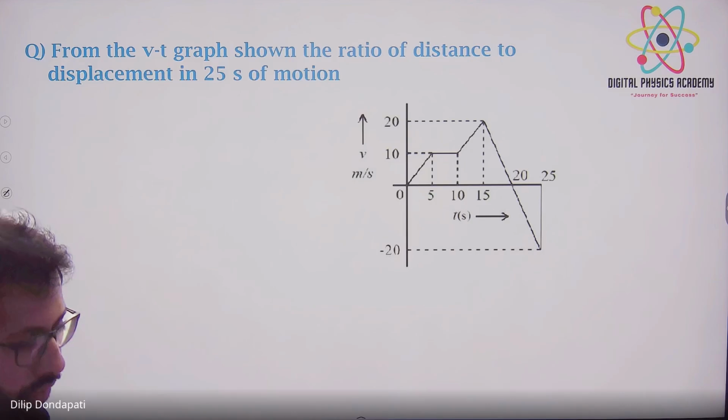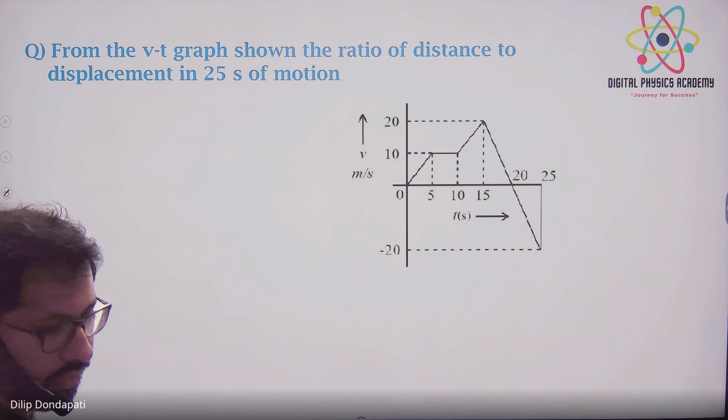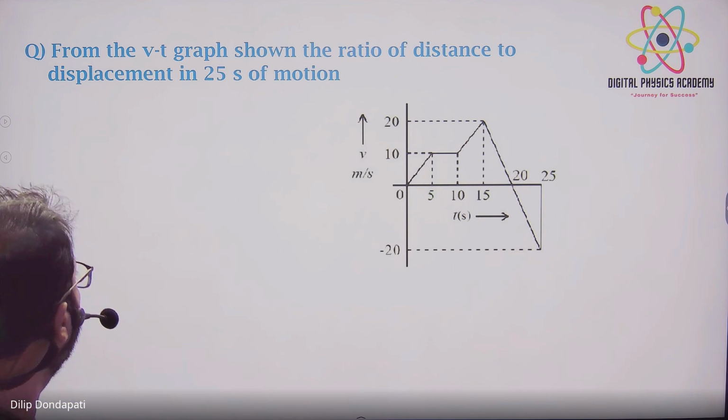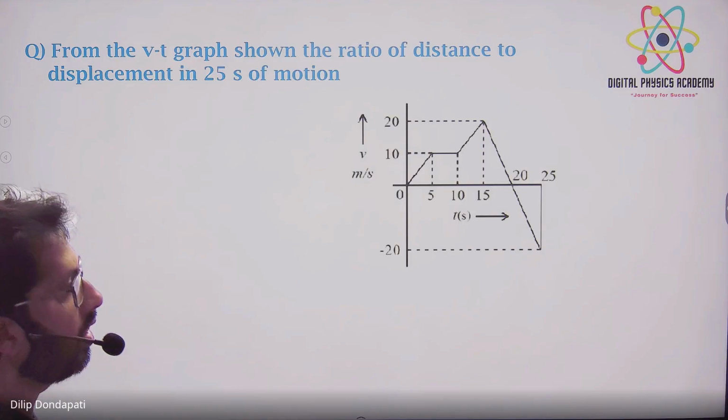So, sir, will you get an improper fraction? Oh yeah, because the distance to displacement. Final answer how much? Karo. You're asking ratio of distance to displacement. So it will be more than one, right? More than one, less than one नहीं.